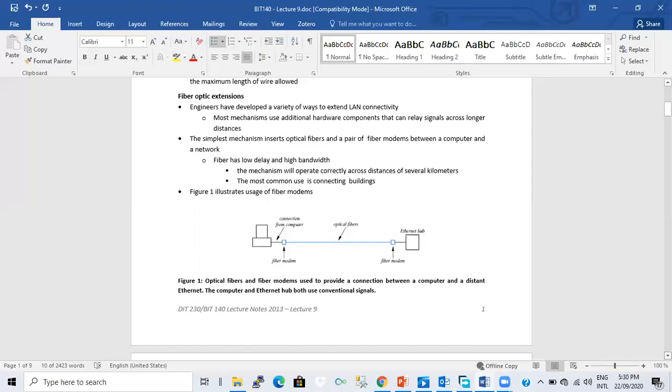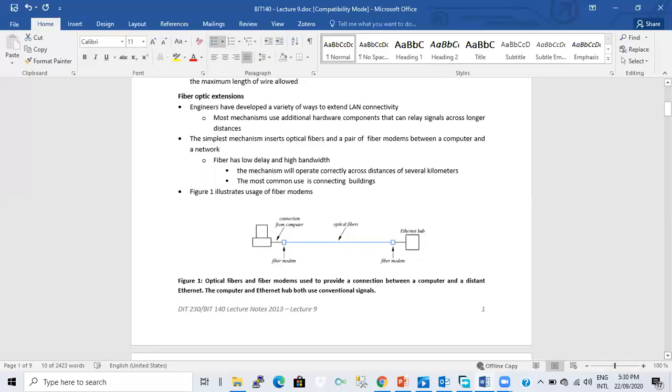The most common use of connecting buildings right now is fiber. So you find that even in our setup, let's say at the Copperbelt University, we have buildings. Let's say the lab that we were using, Lab 3, and the main computer lab where almost all our servers are placed. The distance there is more than 100 meters.